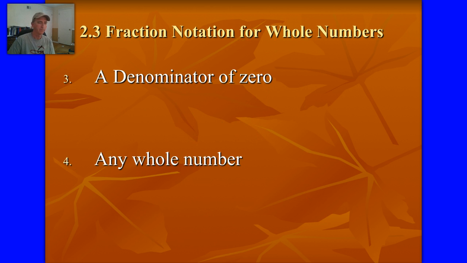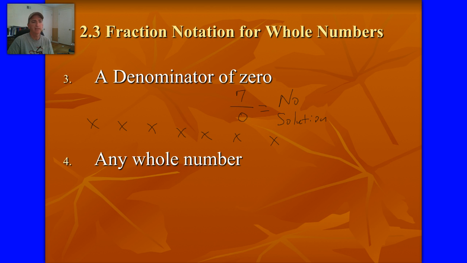Okay? The next one, if you have a denominator of 0, this is kind of a weird one that we talked about earlier. If you have, let's say, 7 divided by 0, well, that does not exist. That is no solution. Here's why. It's kind of like saying I have 7 x's, and now it says, okay, take those and put them in groups of 0.